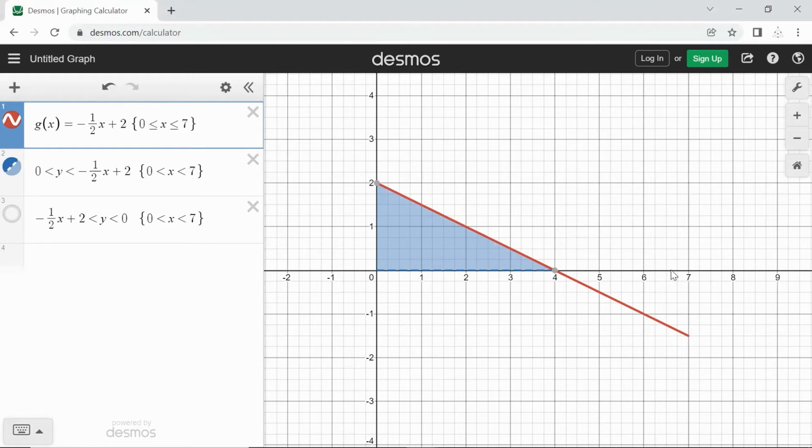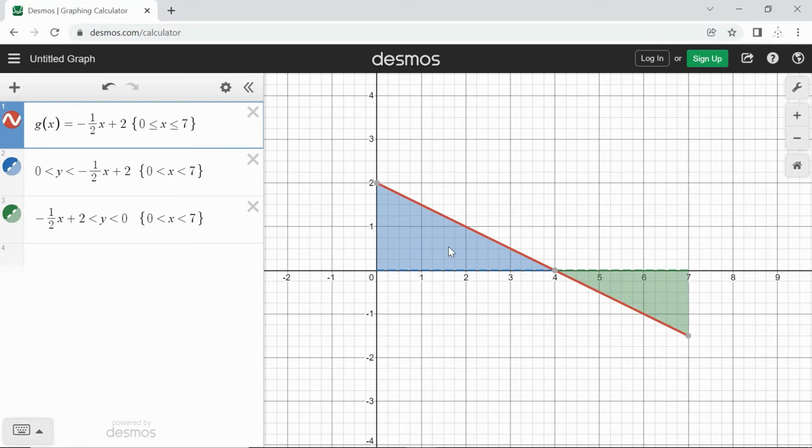From 4 to 7, I would be looking at a portion of my line that is below the x-axis. If I were to shade the region between the line and the x-axis, it would look like this.